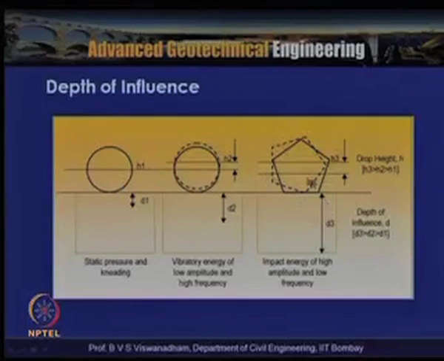This induces very high energy, and because of this it ensures significantly high depth of influence. It is impact energy of high amplitude with low frequency, and for this reason impact compaction ensures higher depth of influence.